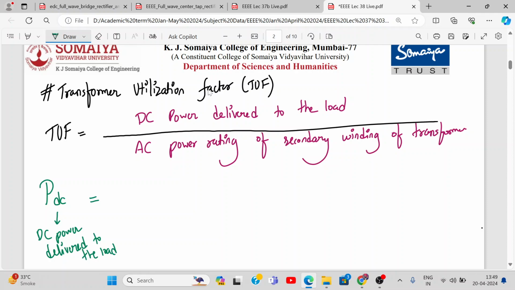How much is the formula given by? It's given by IDC square into RL. There are three formulas, right? Remember, VDC square upon RL, or VDC into IDC, or IDC square into RL. Agree? So this is formula number one. Please write it down. Where RL is the load resistor and IDC is the DC value of the output current.